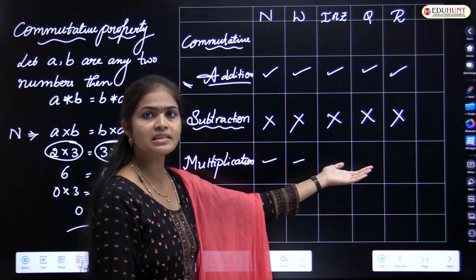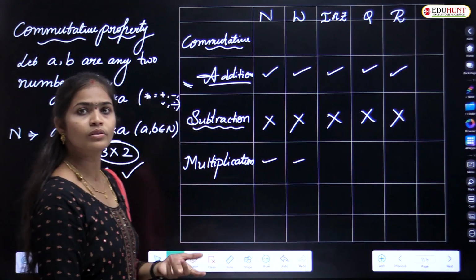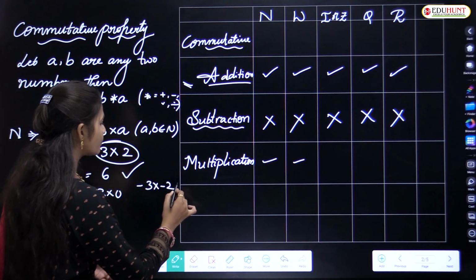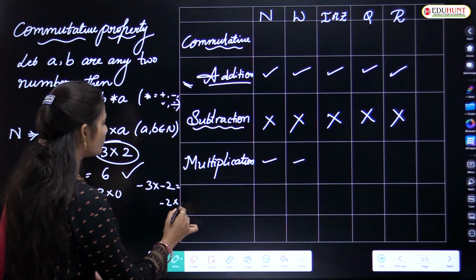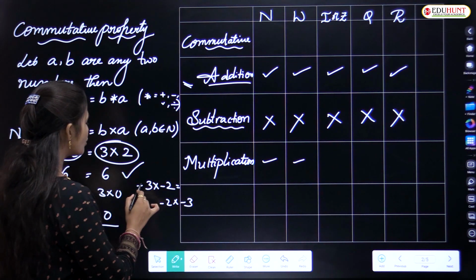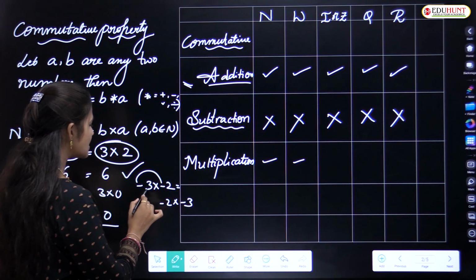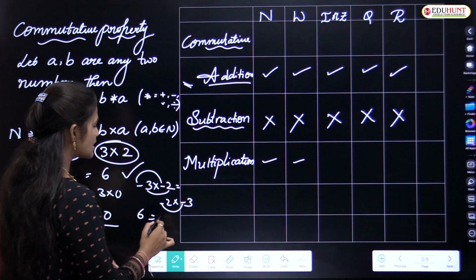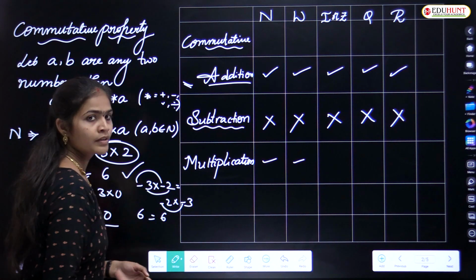As well as we can say that integers also. Take any two negative integers: minus 3 into minus 2 is equal to minus 2 into minus 3. Minus into minus is equal to plus, 3 2s are 6, and again minus into minus is equal to plus, 2 3s are 6.